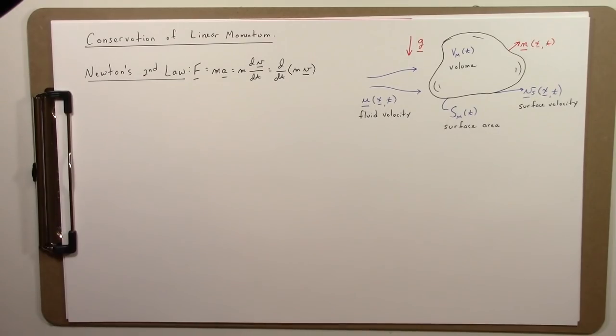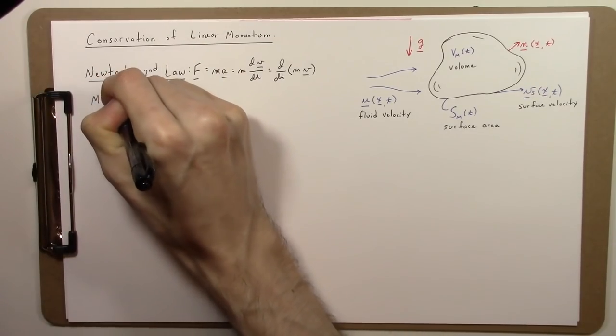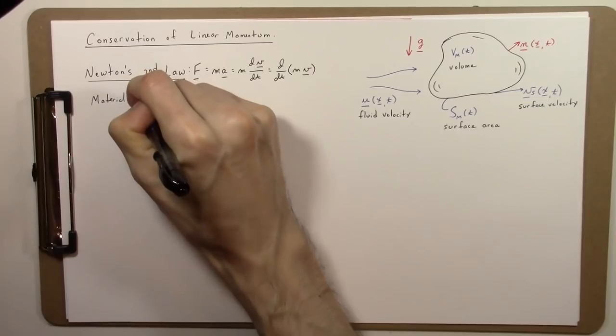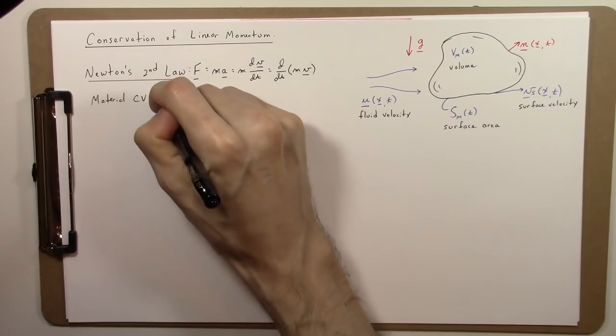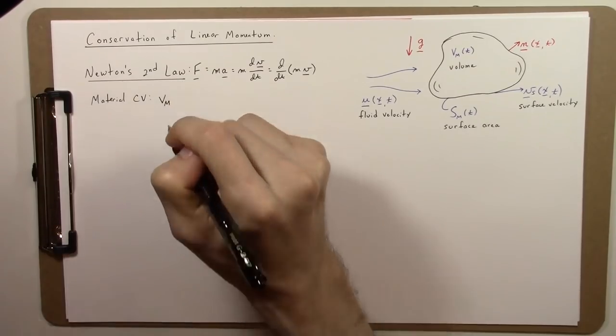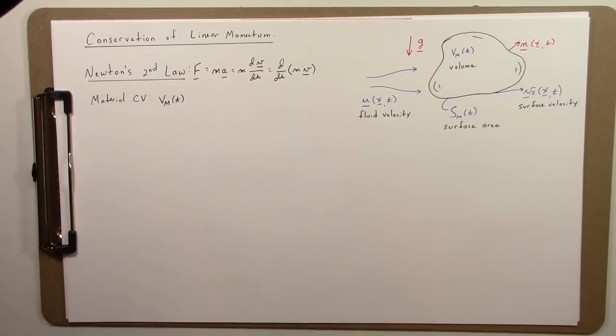So we want to apply Newton's second law to a material control volume surrounding a fluid parcel. We designate this control volume V sub m. The m means material, and this volume can change in time. As one may recall, a material control volume is one that always contains the same fluid particles.